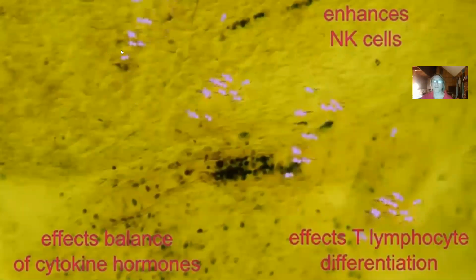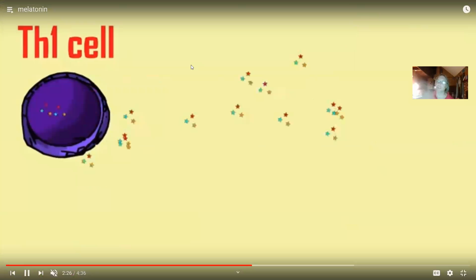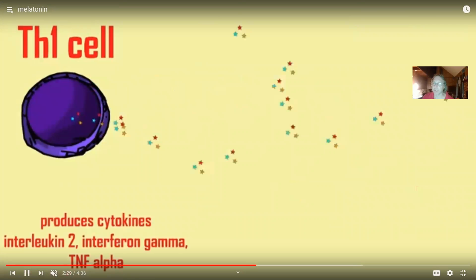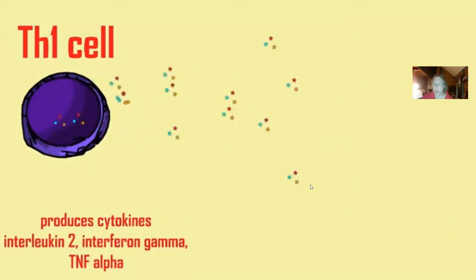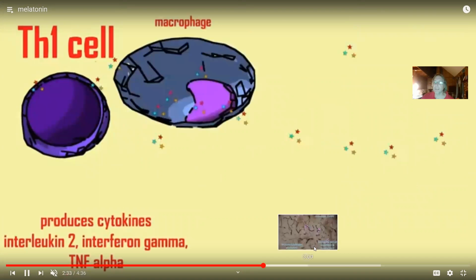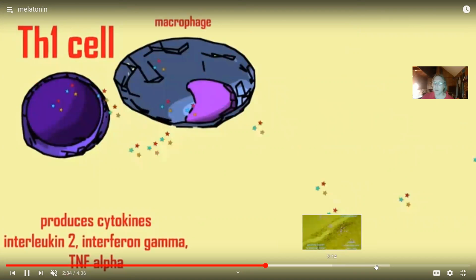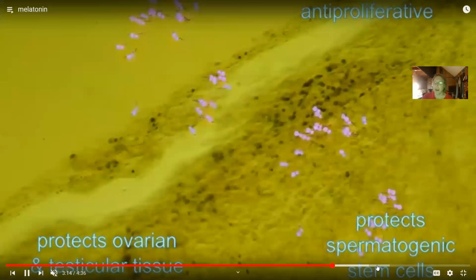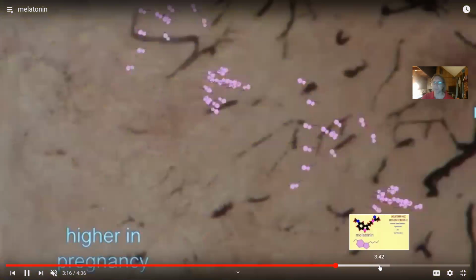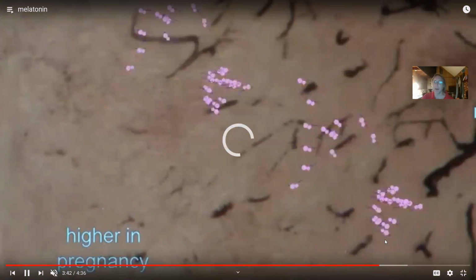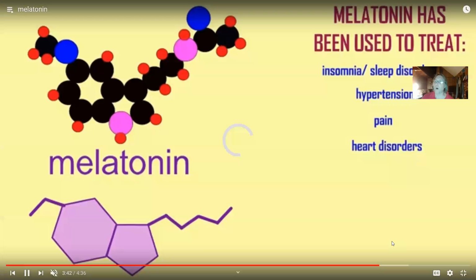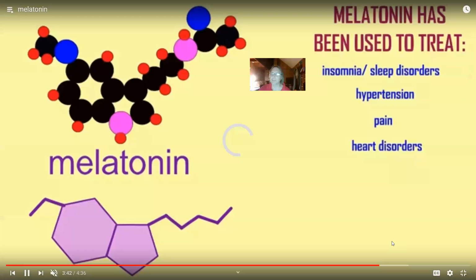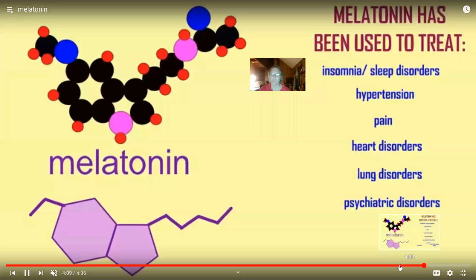It affects whether we're making more Th1 or Th2 cells, which can affect allergy and other things. So there are so many great effects of melatonin on diverse systems, and I review them here, that this explains why melatonin can be so useful in treating certain disorders throughout the body, and then also a number of psychological disorders as well.